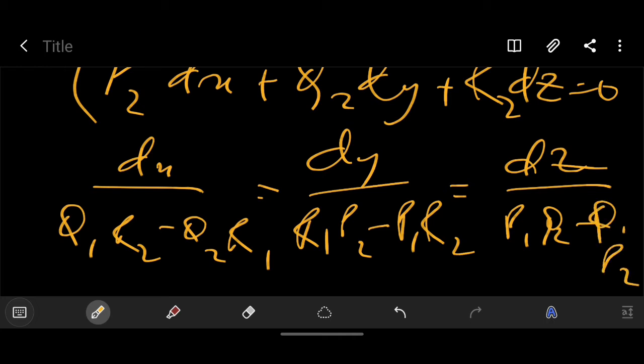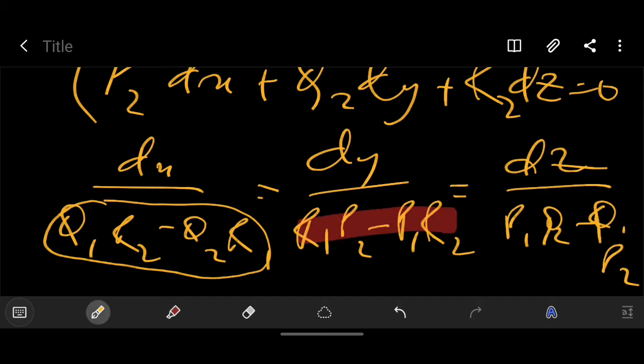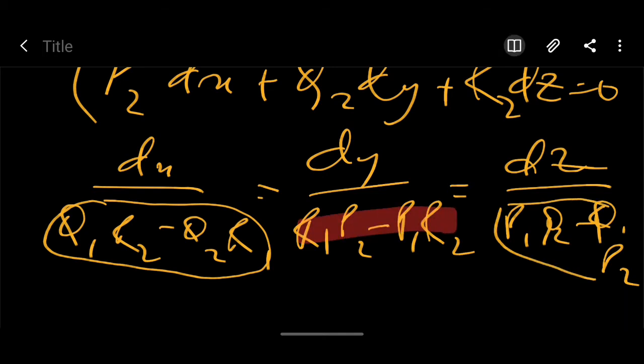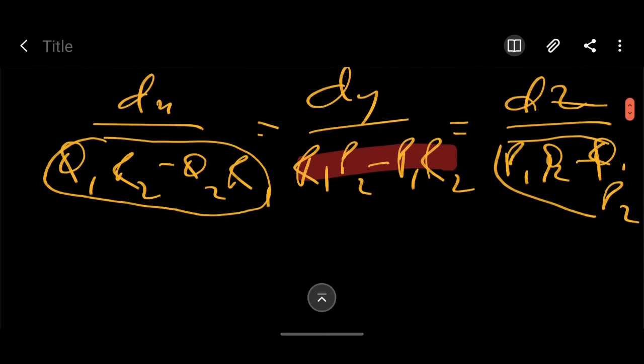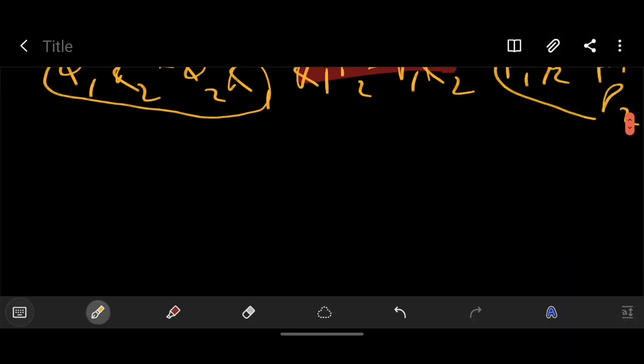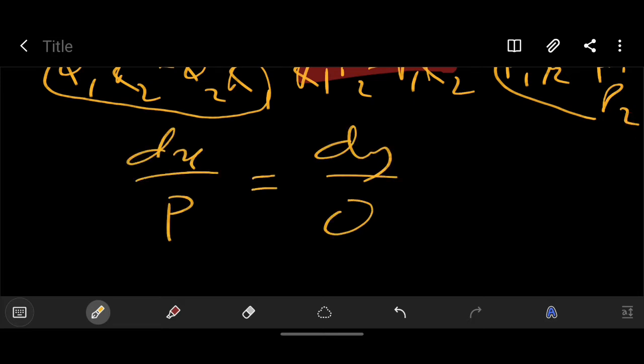Instead of these denominators, we write just p, q, and r. So we get dx by p equals dy by q equals dz by r. This kind of equation is very easy to solve.